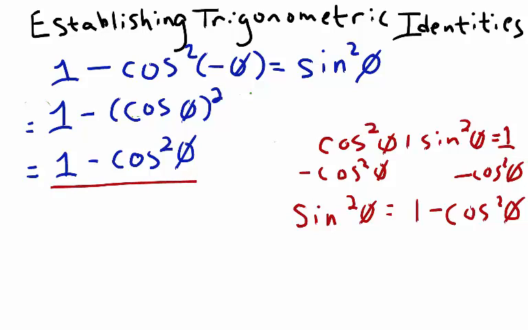So I know that 1 minus cosine squared theta is equal to sine squared theta, and this is the identity that we wish to establish. Therefore, we're finished.